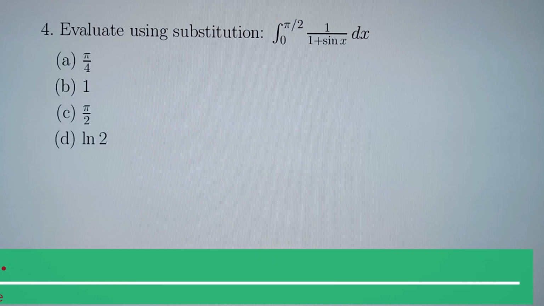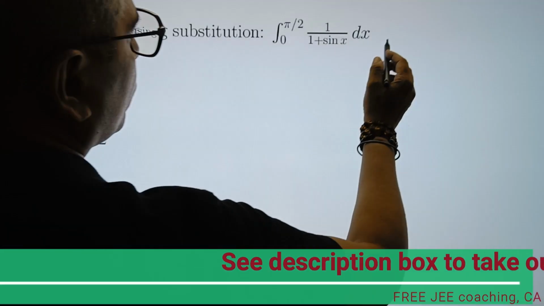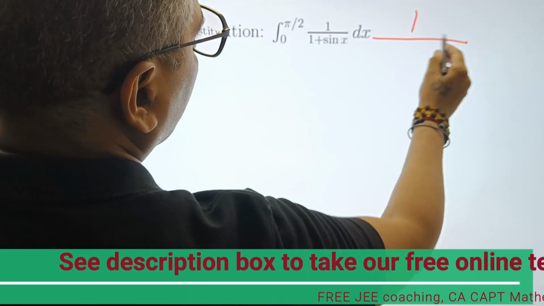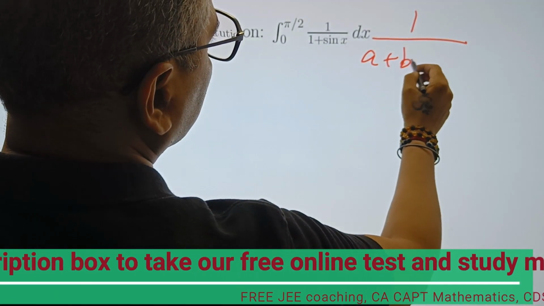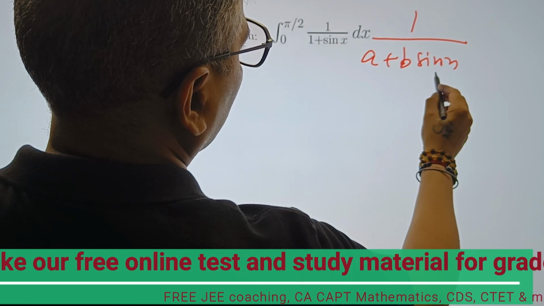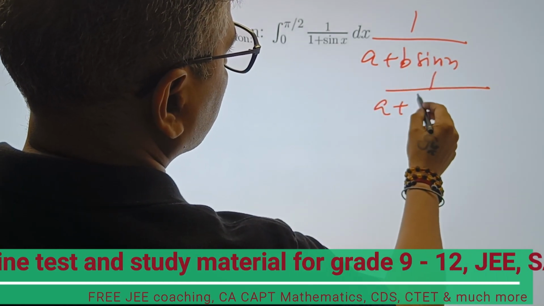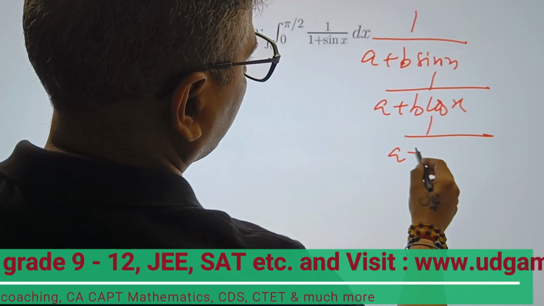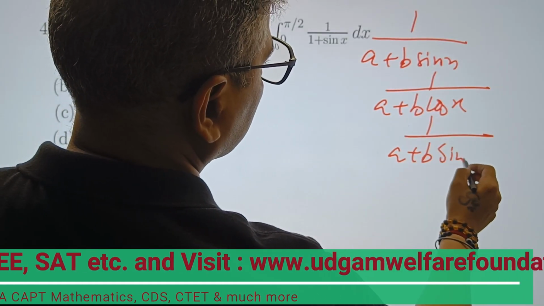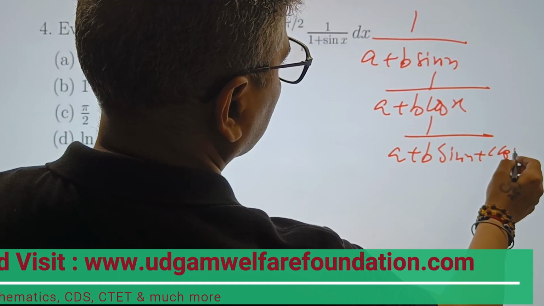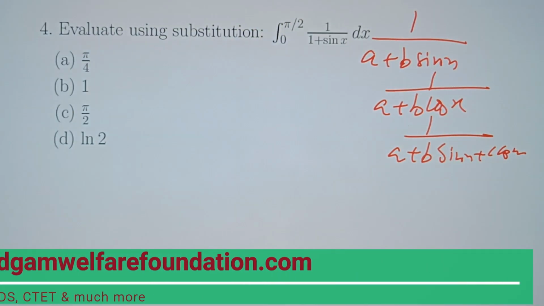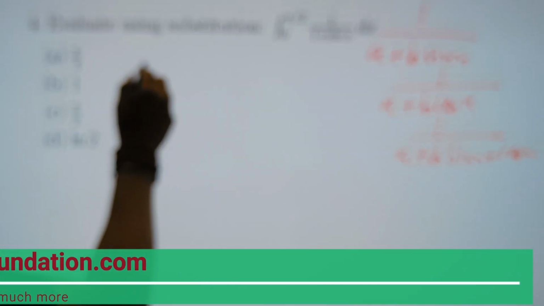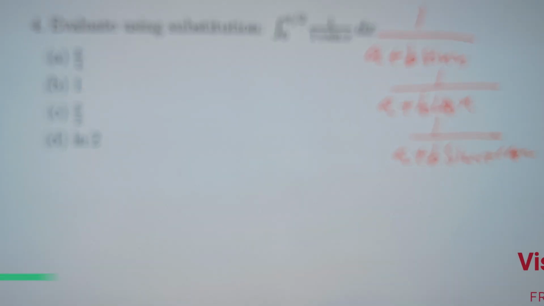We have to evaluate using substitution the integral from 0 to pi by 2 of 1 upon 1 plus sin x. So if you see any integral in the form 1 upon a plus b sin x, or 1 upon a plus b cos x, or 1 upon a plus b sin x plus c cos x, we need to substitute sin x in terms of the half angle of tan.